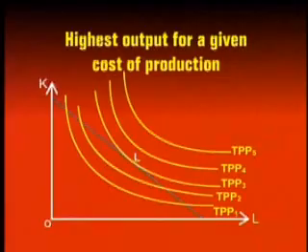Now here, a series of isoquants, not isocosts, but a series of isoquants can be drawn, representing different levels of total output or total physical product. The higher the level of output, the further out will lie the corresponding isoquant. The point at which the isocost touches the highest isoquant will give the factor combination yielding the highest output for that level of costs.